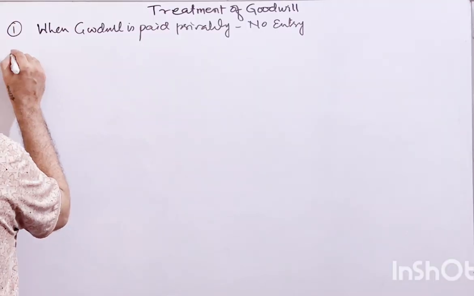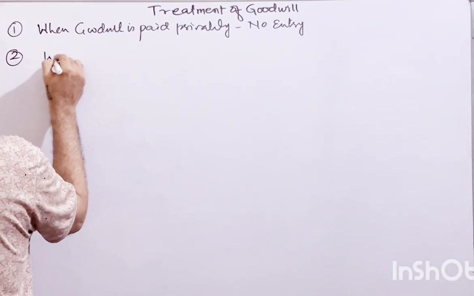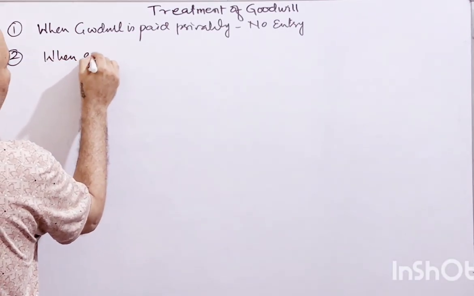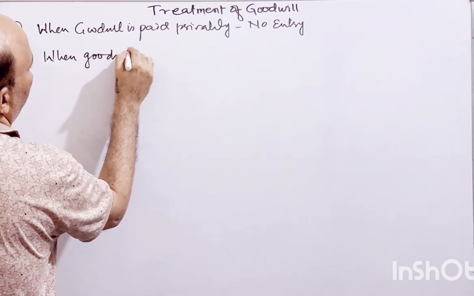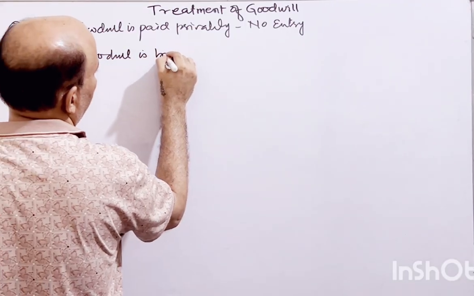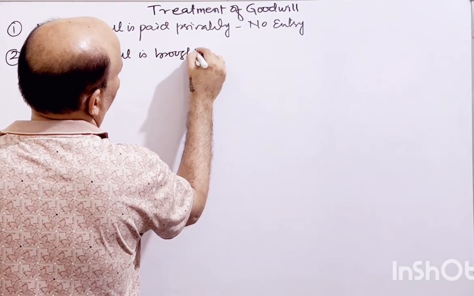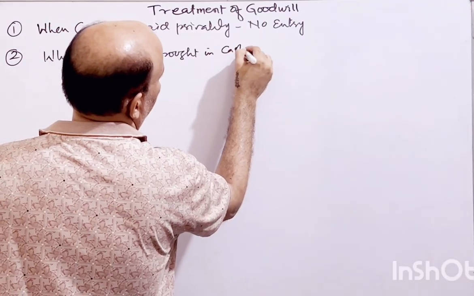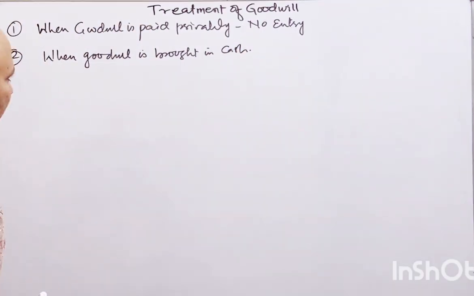The second thing is, when premium for goodwill is brought in cash, what would be the entry?